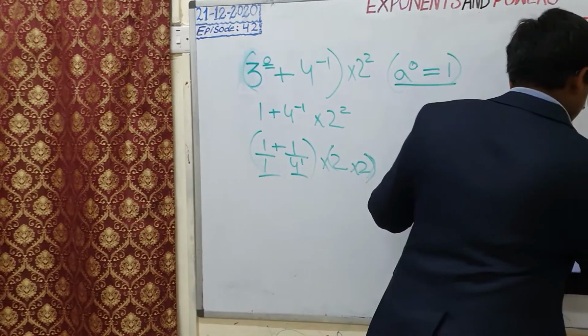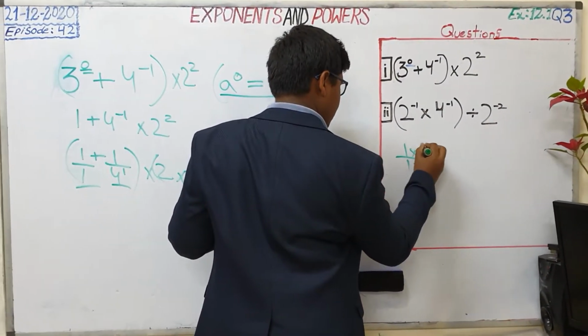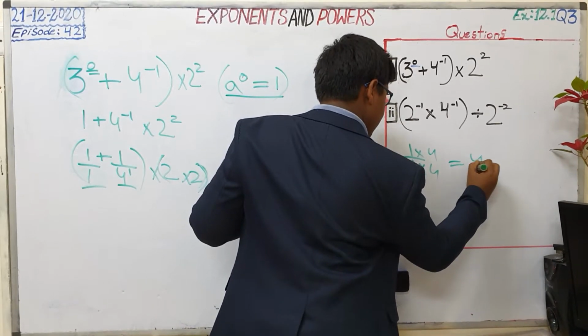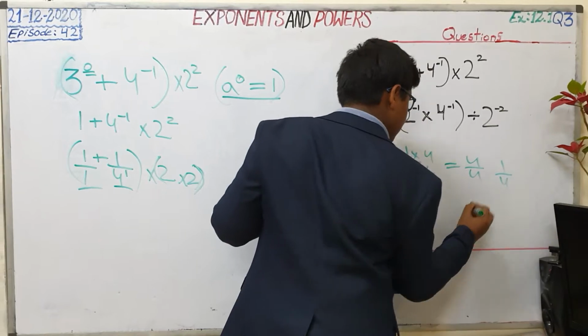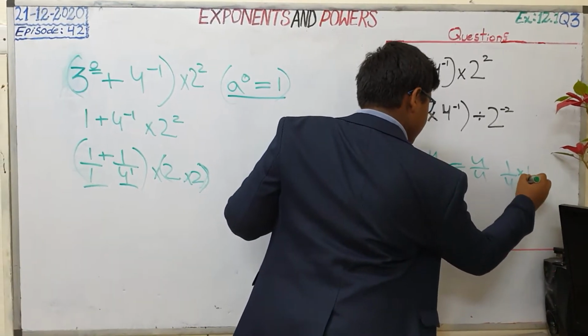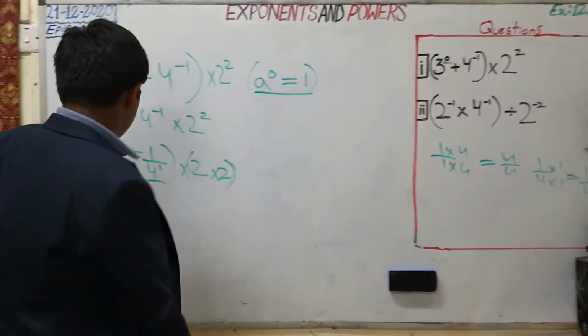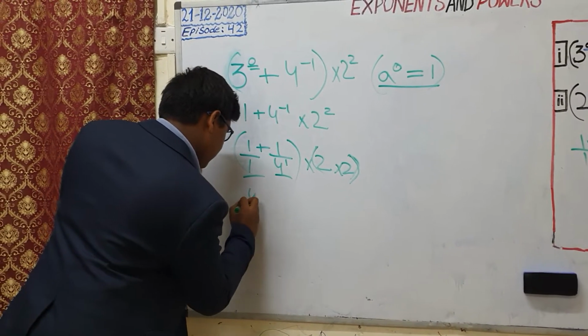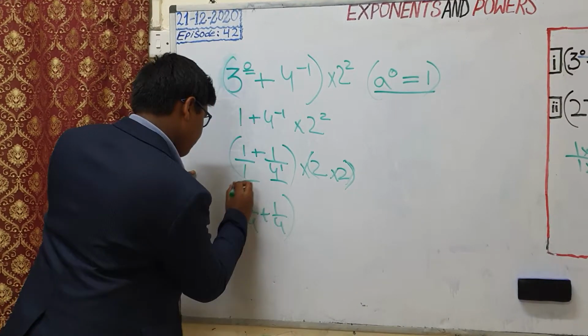So let's multiply 1 by 4, which is equal to 4 by 4. Then 1 by 4 into 1 is equal to 1 by 4 as it is. Then here we get 4 by 4 plus 1 by 4 in bracket.